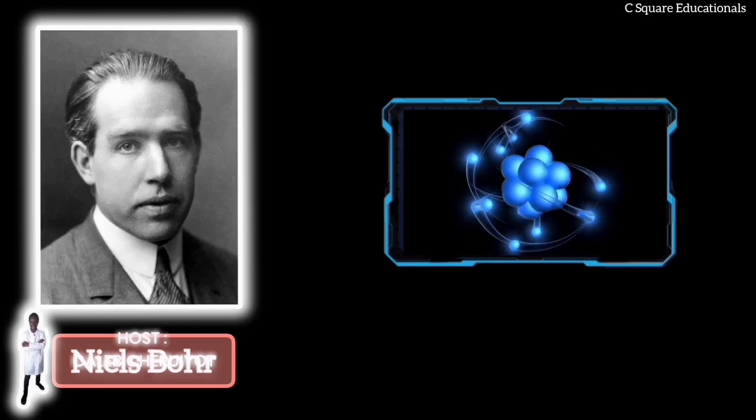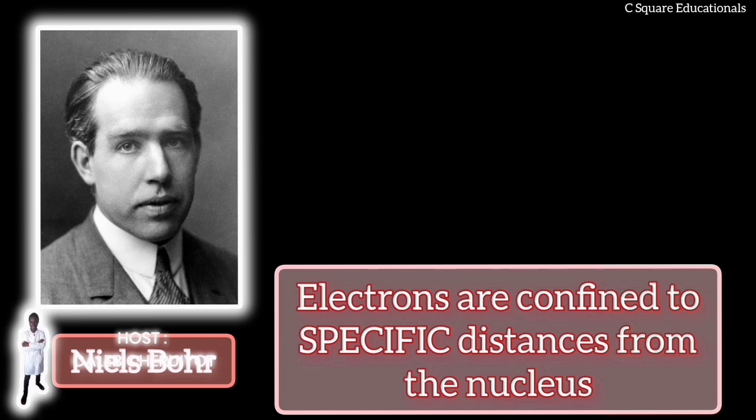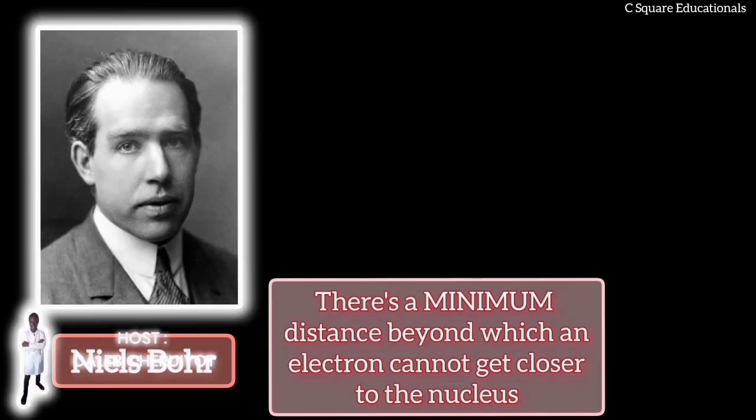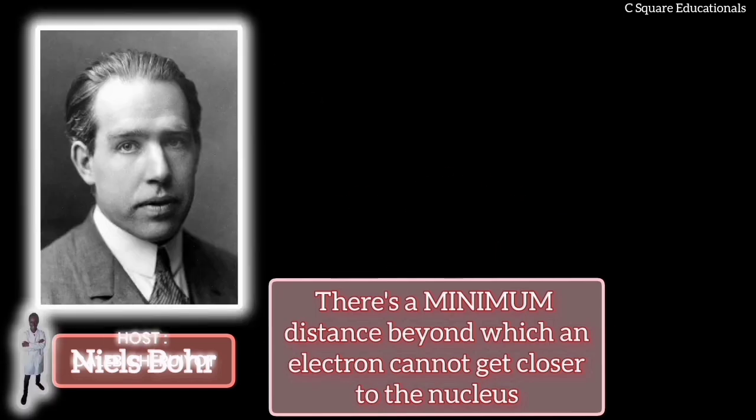In 1913, he suggested that electrons in an atom do not occupy just any orbit but are confined to specific distances from the nucleus. He also proposed that there was a minimum distance an electron could reach, beyond which it could not move any closer to the nucleus.